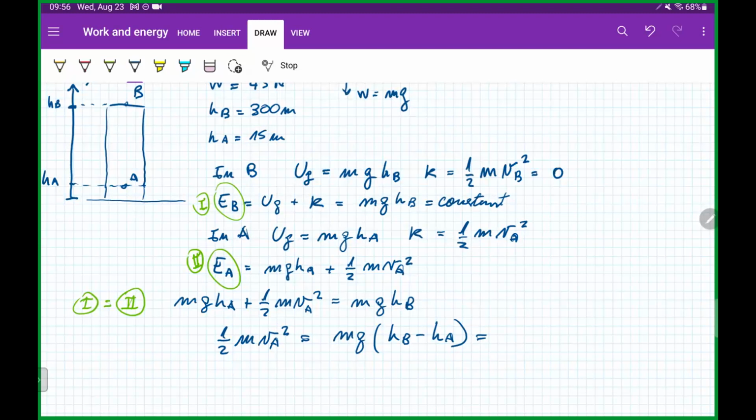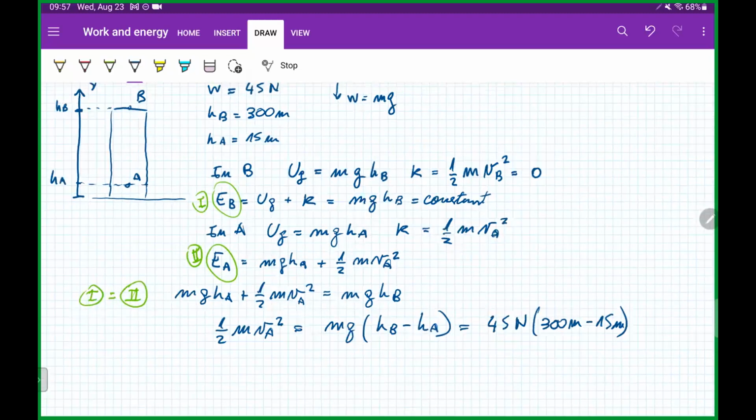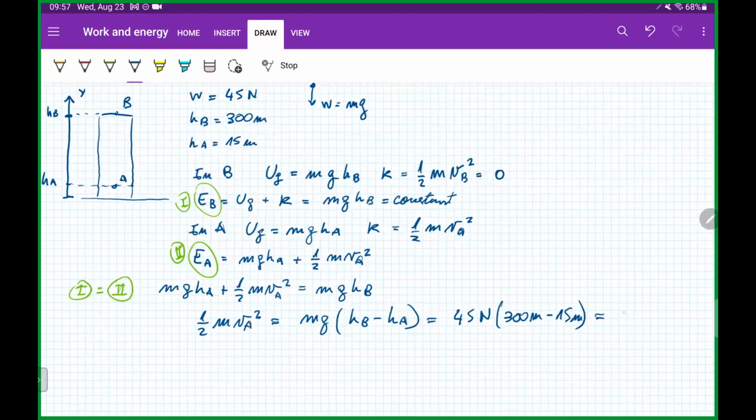Cool. So now we can just get the numbers there. We have 45 newtons, 300 meters minus 15 meters, and that will give us the kinetic energy, which is 12,825 joules.